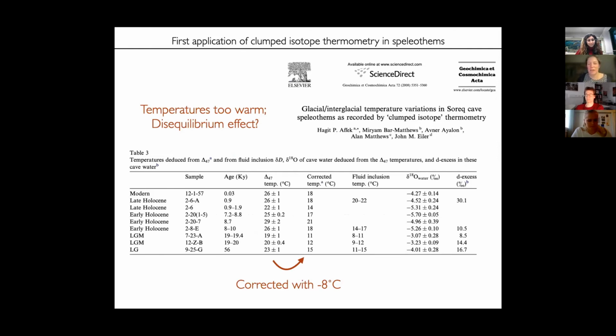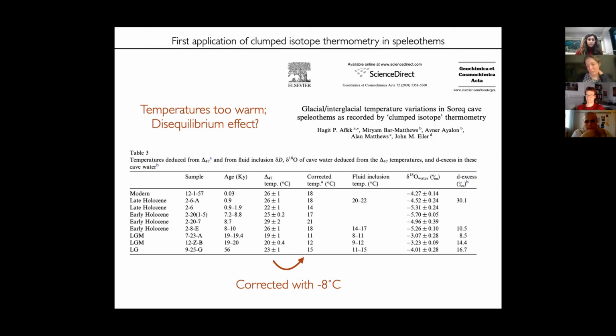This was done by Hagit Afek and others. They studied Soreq cave speleothems for that. But very disappointingly, the temperatures that they got from last glacial maximum to Holocene samples were all way too warm based on the knowledge they had of the sample and the cave.